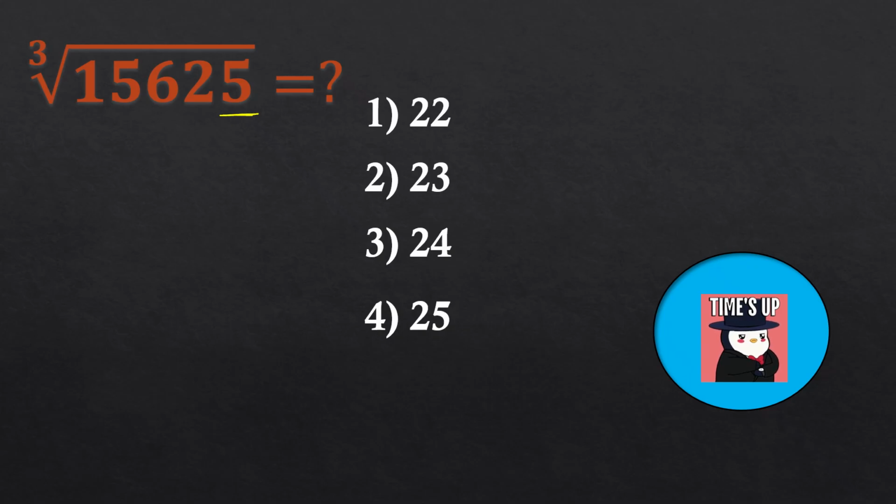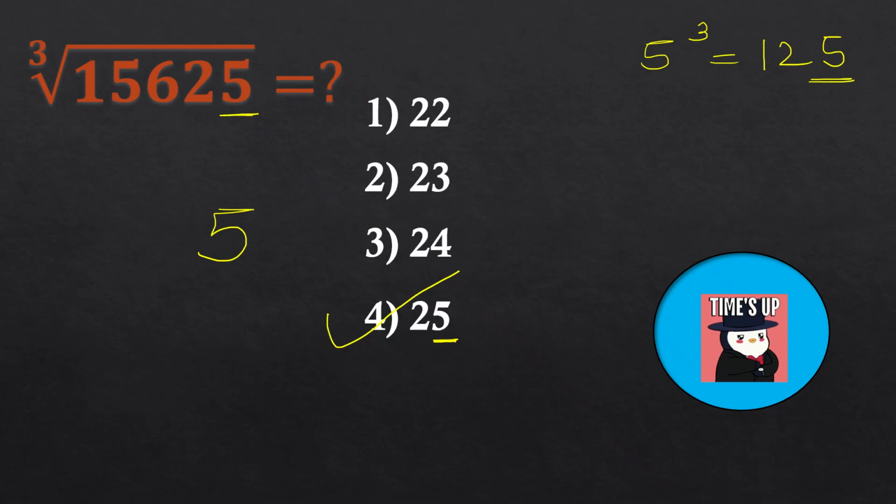Obviously 5 cube, correct? 5 cube is 125. So the last digit here will be 5. So clearly the answer will be 25, because the last digit is 5, and all the other options will be eliminated. But still we will solve.